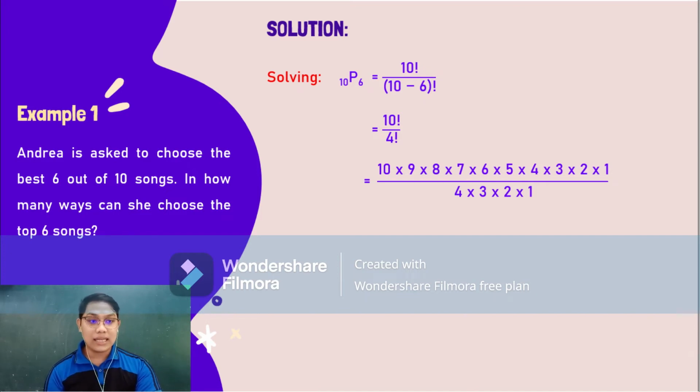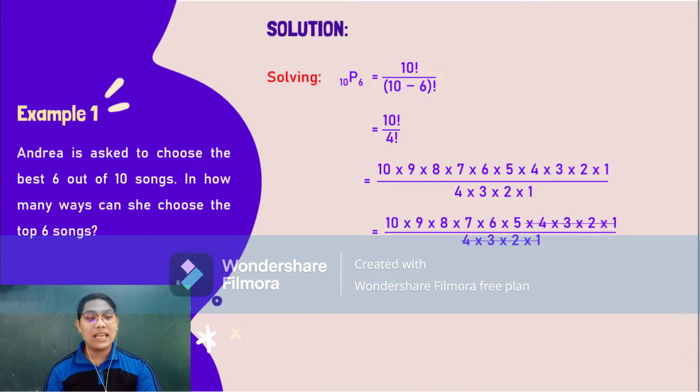The next step is canceling this part because, as we all know, by the rule of division, a number divided by itself is equal to 1. So it is cancelled because it is now equal to 1, making our solution 10 times 9 times 8 times 7 times 6 times 5.